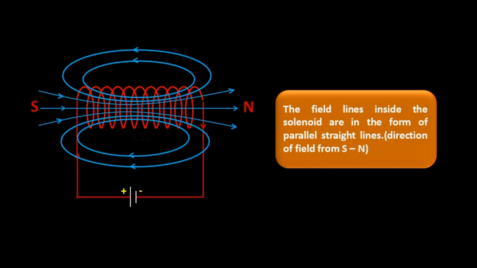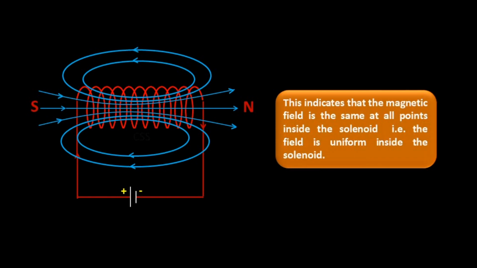But most important are the lines that pass through the solenoid. Inside the solenoid, these are parallel straight lines. This indicates that the magnetic field is the same at all points inside the solenoid. The field is uniform inside the solenoid.